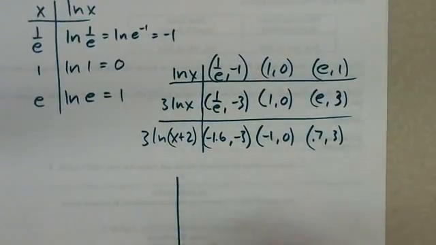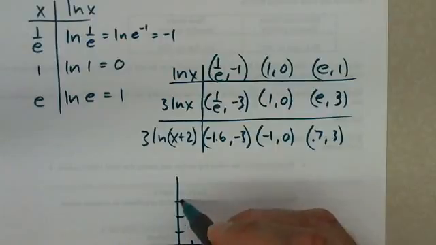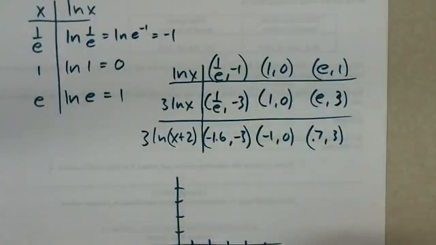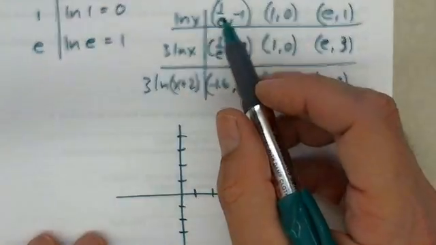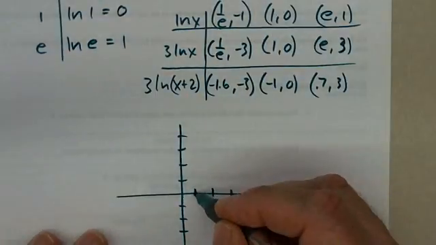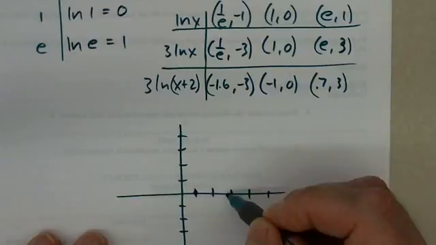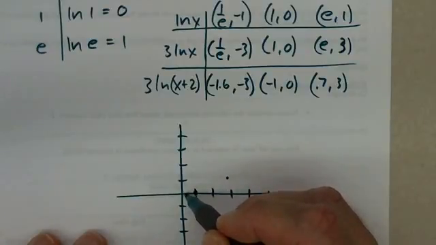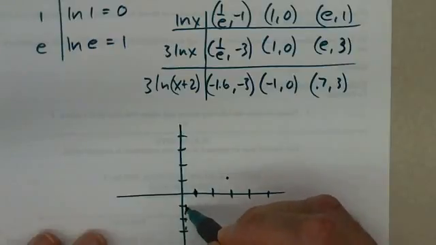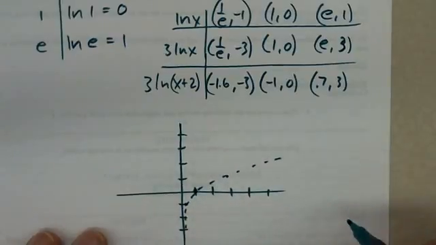And when we graph that, natural log, the parent function, at 1 we go to 0, at 2.7 we go to 1, at 1 over e, which is near 1/3, we go to negative 1. So we can see the parent function.